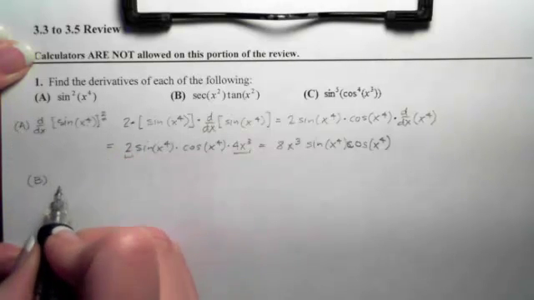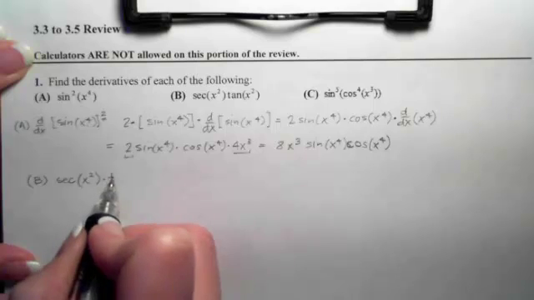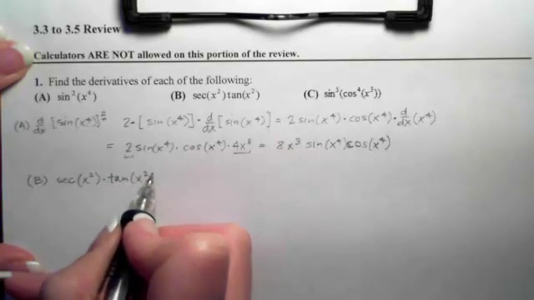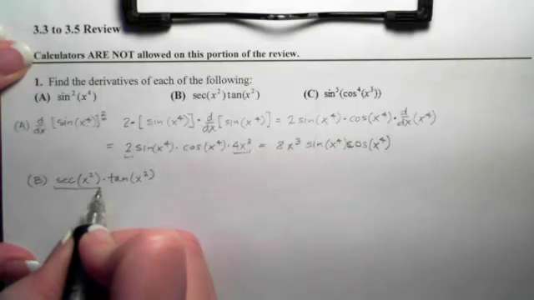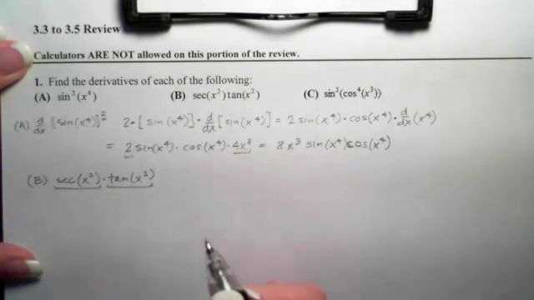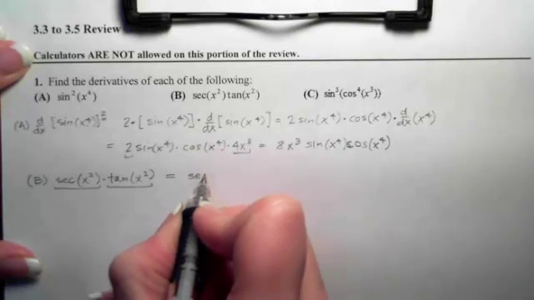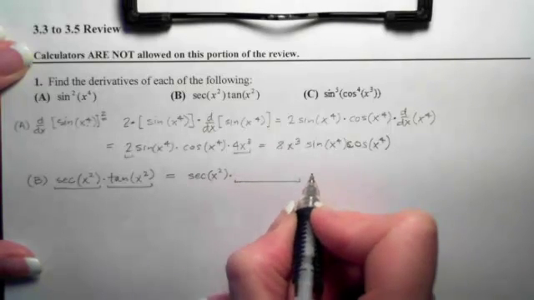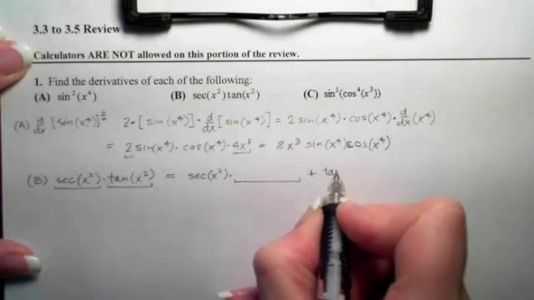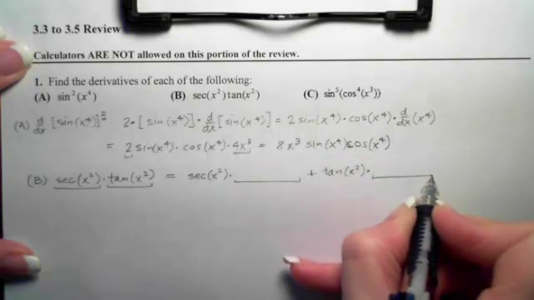So if we look at part B, we have the secant of x squared times the tangent of x squared. So looking at this, the first thing that I see is a multiplication of 2 functions. So that means I'm going to do my product rule. The product rule is the first one times the derivative of the second plus the second one times the derivative of the first.